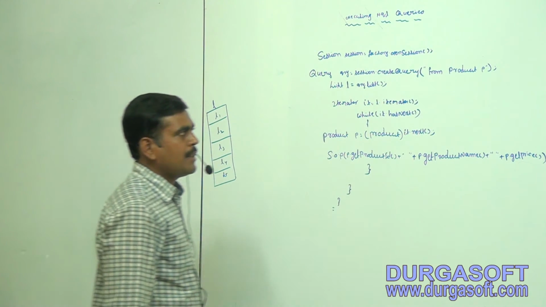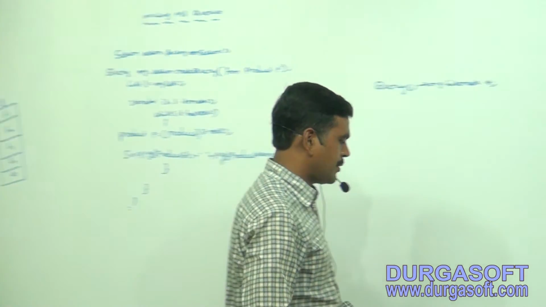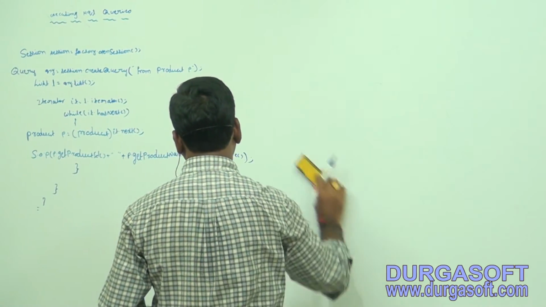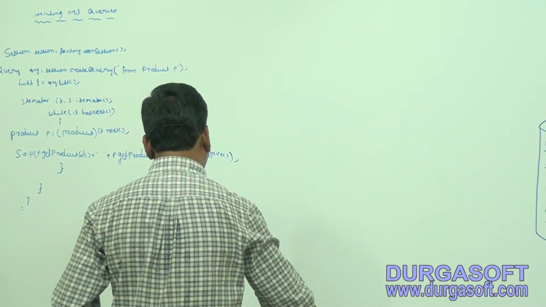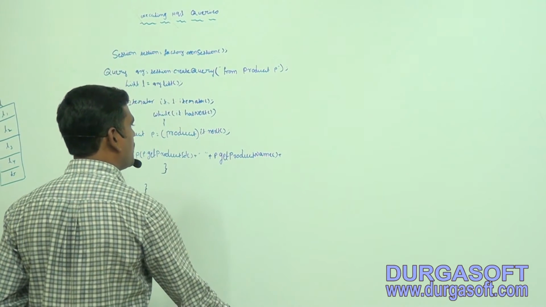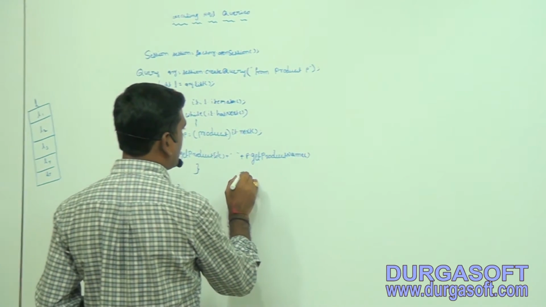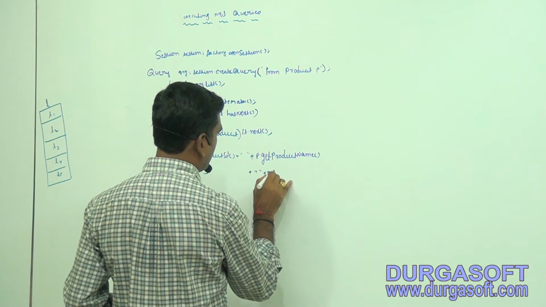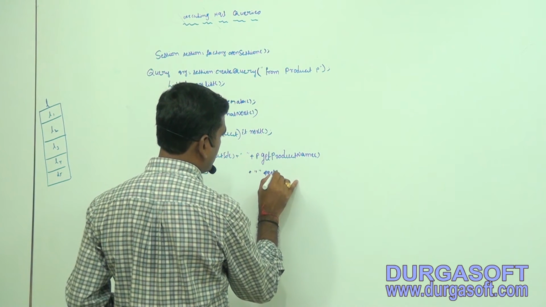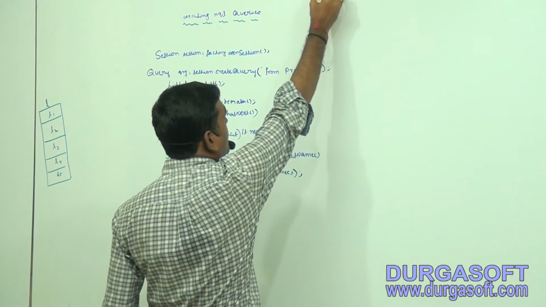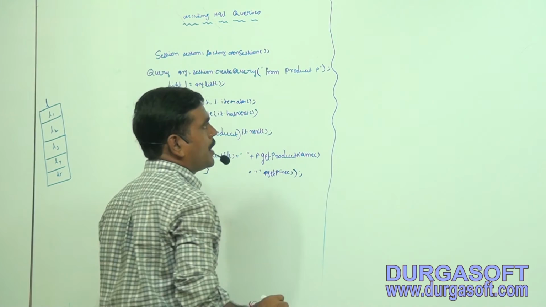The next I want to select the partial records. If we want to select the partial records, then what we have to do?